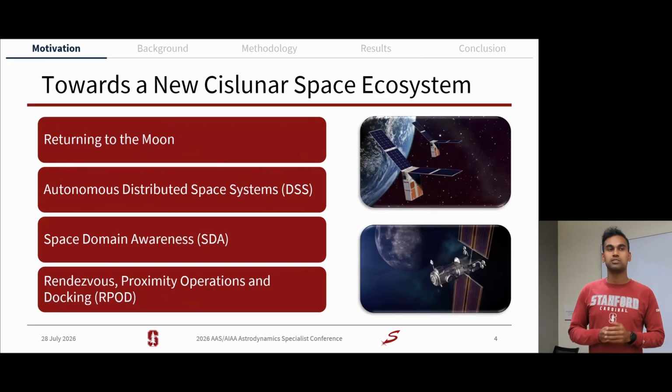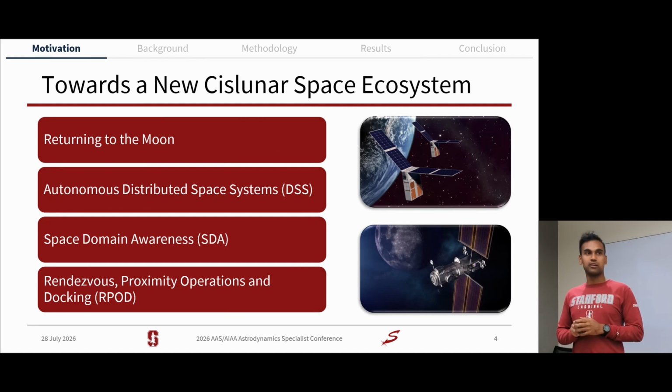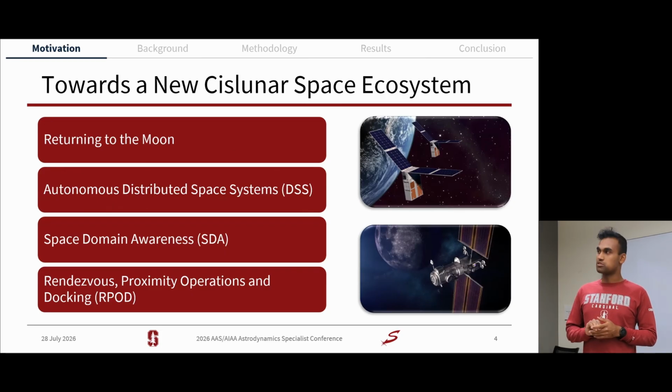So to talk about the motivation first, as we know, there's been a heavy emphasis on the return to the moon, with many countries and private companies pursuing missions in that direction, and humans to land before the end of the decade. And simultaneously, we've seen an explosion of distributed space systems in Earth orbit, and we can assume that this trend will continue in lunar and cislunar space, especially given the communication latencies and things like that.